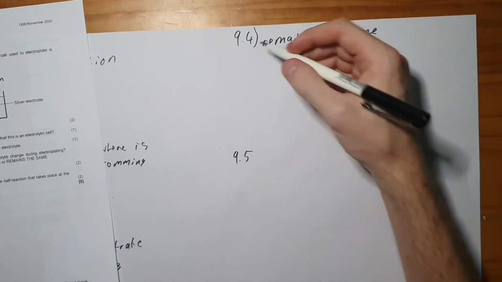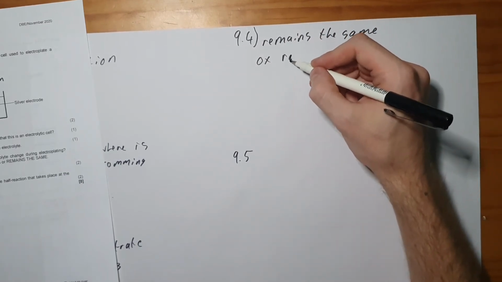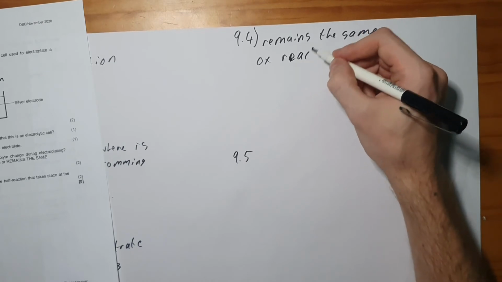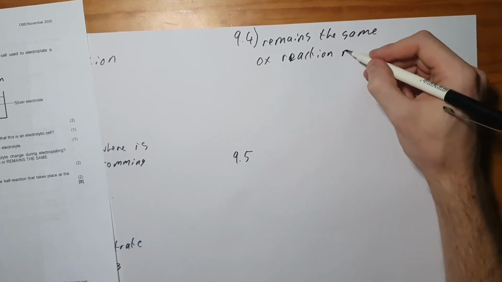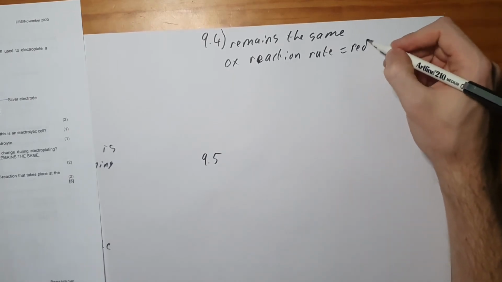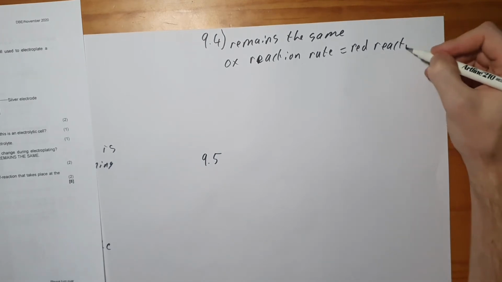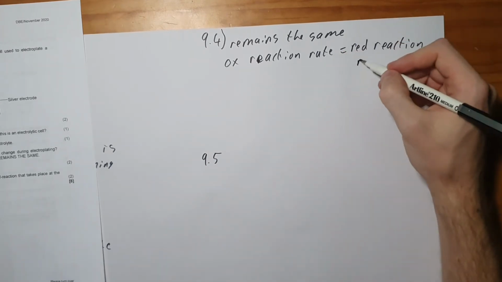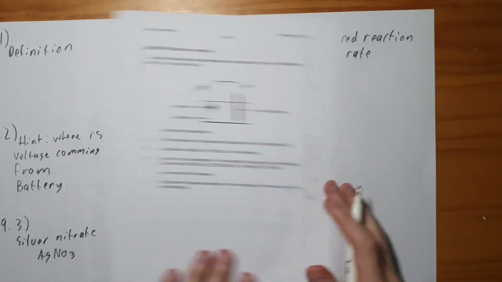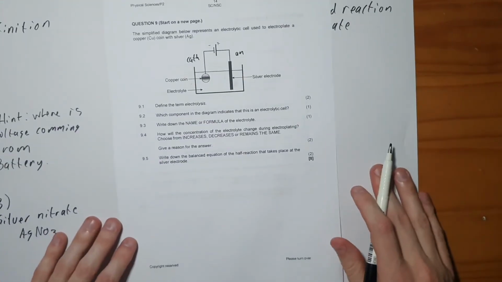Because as this breaks down into solution, so does the silver then plate itself to the copper.